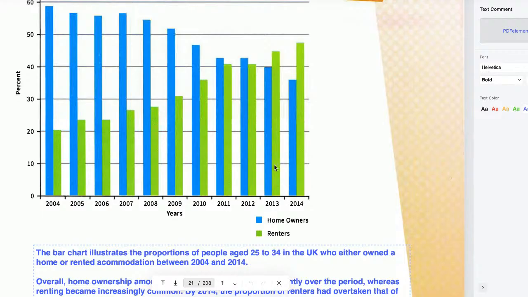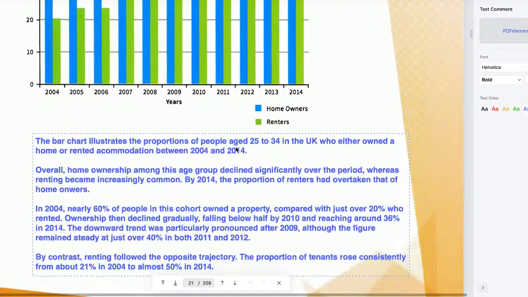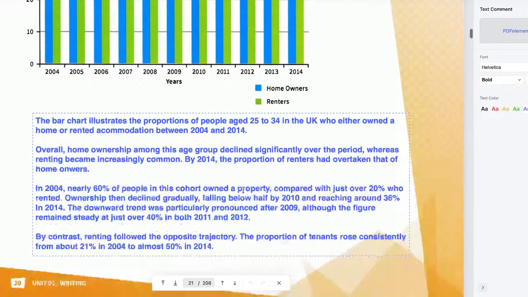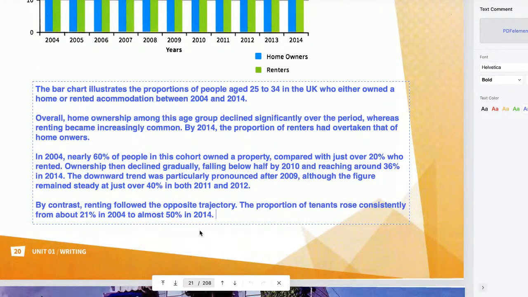How many percent? Yeah, approximately 30%, right? That's the gap between the first year and the last year. So we try to say something about that. So at least we make some comparisons, remember? So here we say full stop, of course.